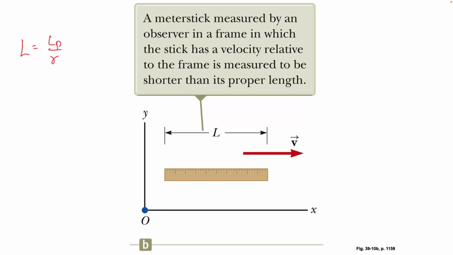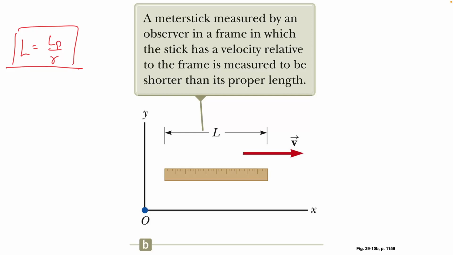We divide by gamma. We take a proper length and divide by gamma. What's the proper length? It's the length of the thing when it's not moving. That's an easier definition, isn't it? The reason it's an easier definition is because time is hard to measure. The concept of measuring a time is not well understood by a majority of people.